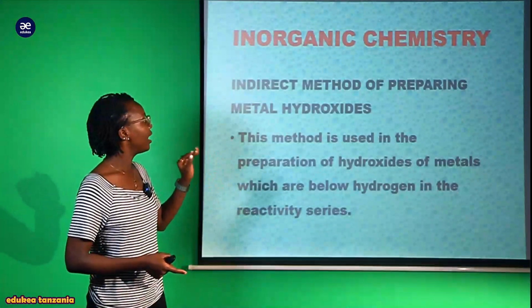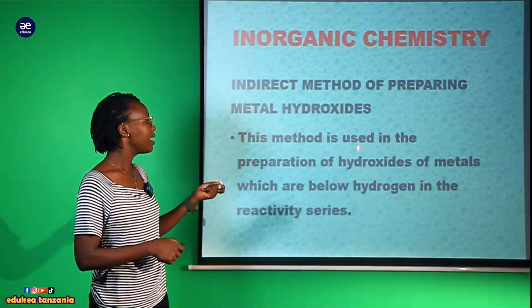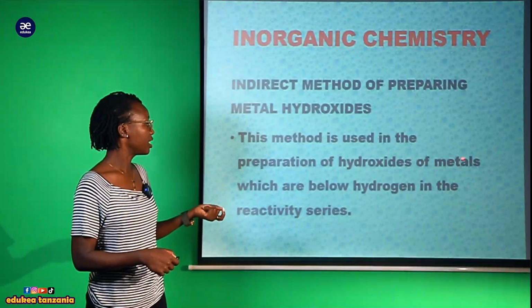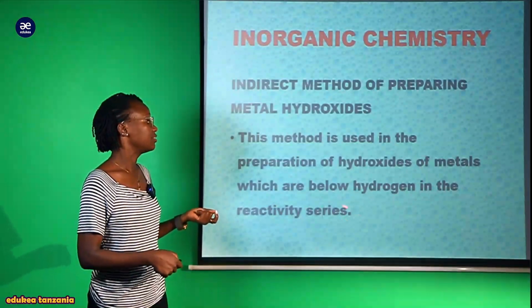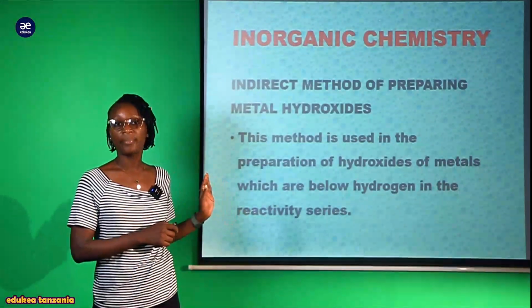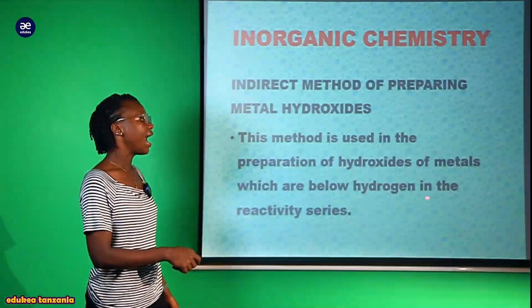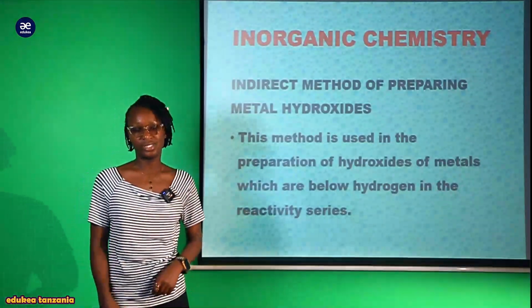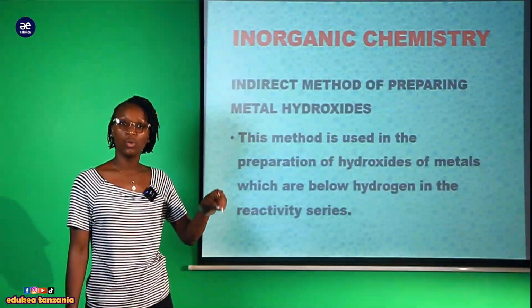So here in the indirect method anasema kwamba this preparation of the hydroxide of the metal which are below hydrogen in the reactivity series. Kwa hiyo hapa tunaenda kufanya preparation ya hizi compound ambazo zipo chini ya hydrogen kwenye ile reactivity series. Tunajua kwenye reactivity series ya zile elementi zote hydrogen pia yumo.